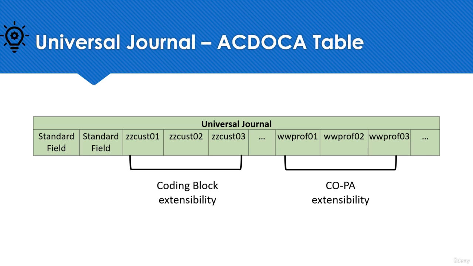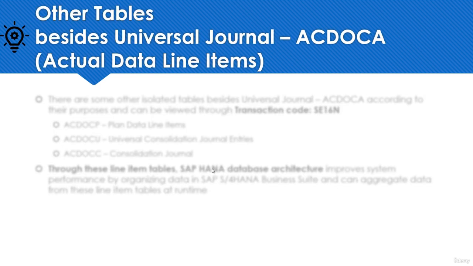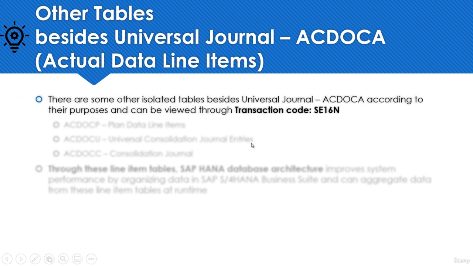And coding block extensibility is the one through which you can create your own fields, especially journal ledger, or it is used by FI module but can be used by other modules as well, such as CO, HR, special purpose ledger, etc. As the table ACDOCA displays actual data line items, similarly, there are some other isolated tables besides Universal Journal ACDOCA according to their purposes and can be viewed through the transaction code SC16N.